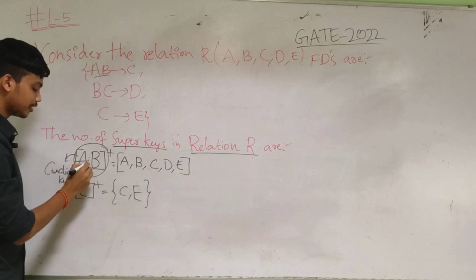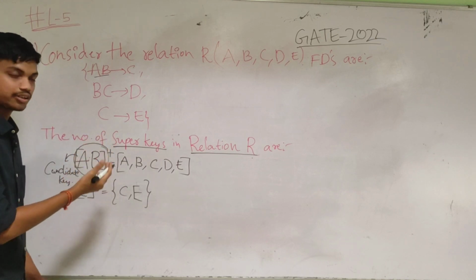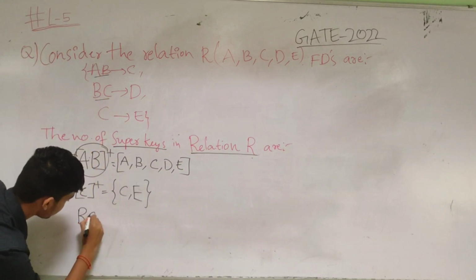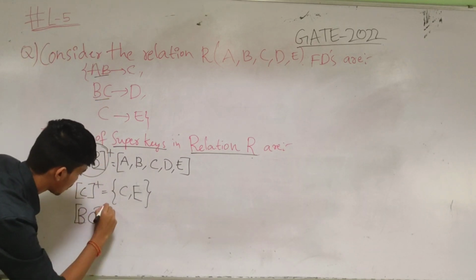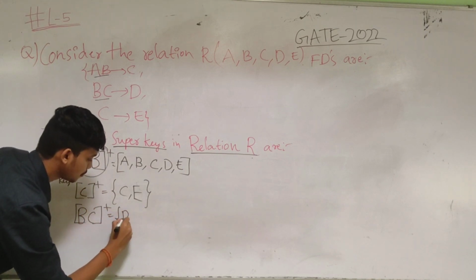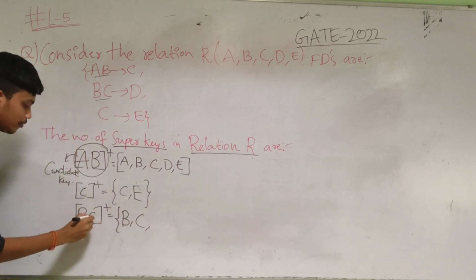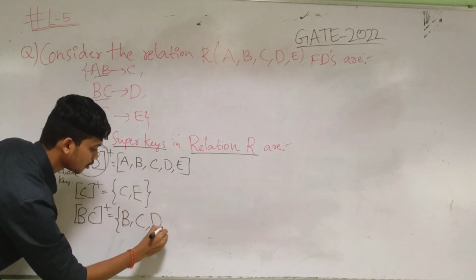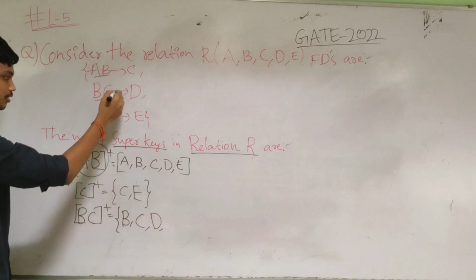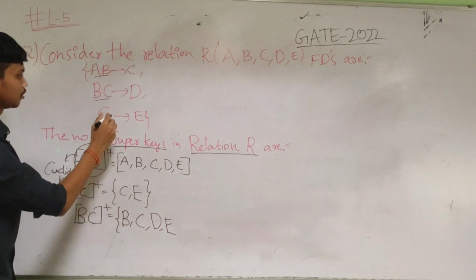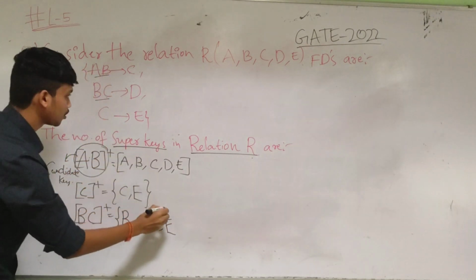Now if AB is a candidate key, we need to check whether some other candidate keys are also possible. Let us do BC. BC closure: first B will come, C will come obviously. With BC we can determine D. With C we can determine E. But we can't get A anyhow, and that's all.